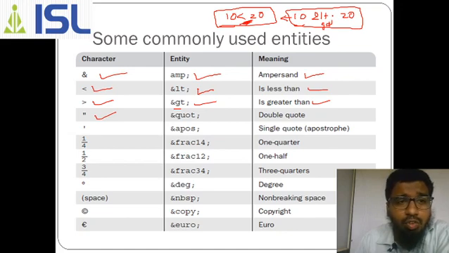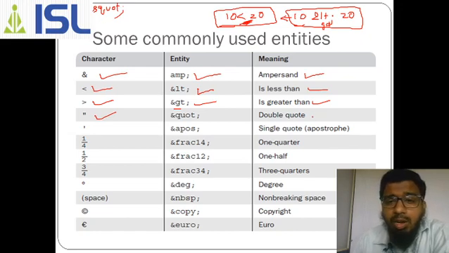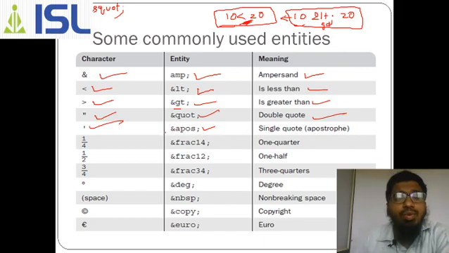In place of this, you need to use the ampersand &quot; then it will be a double quote. Okay, if you want single quote, you need to write &apos;, apostrophe. You can say single quote or apostrophe.